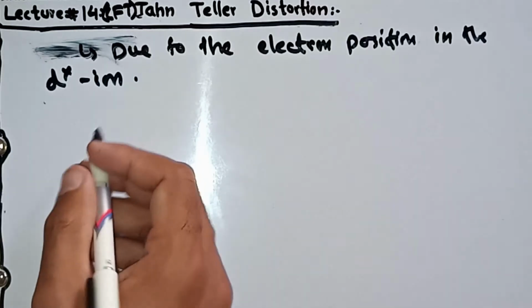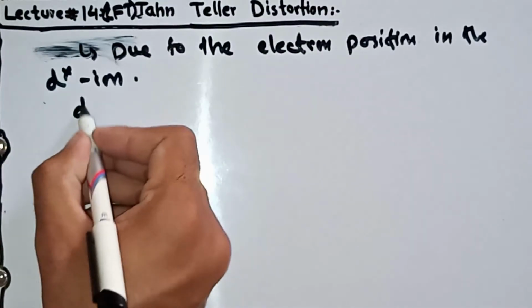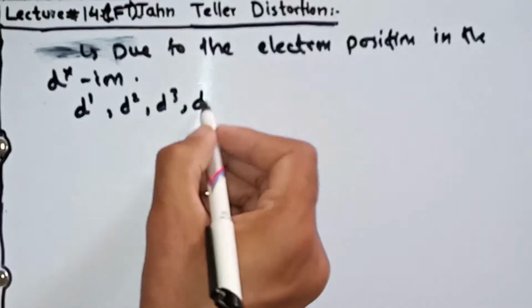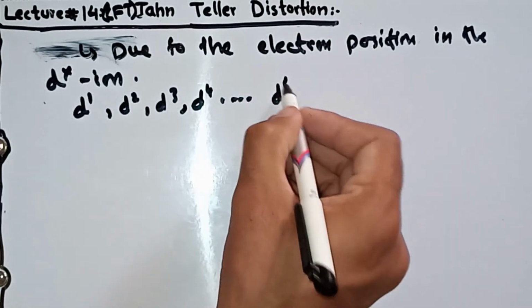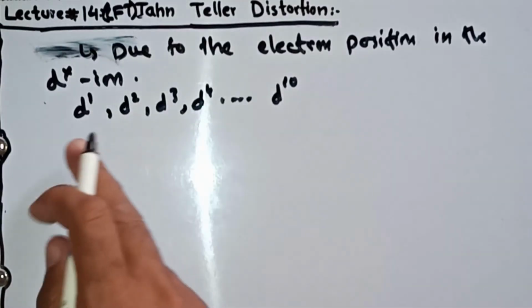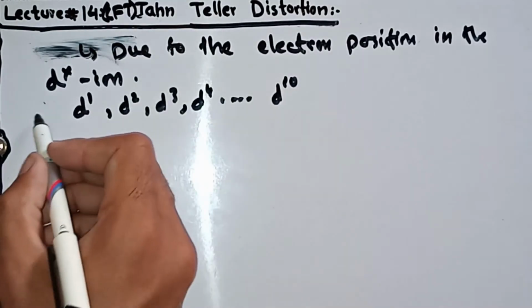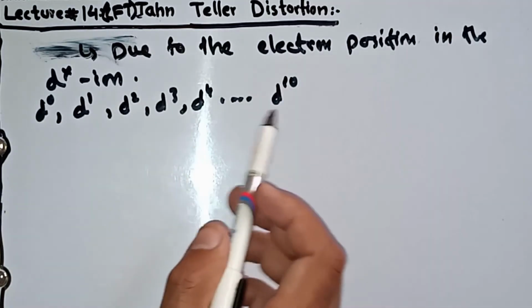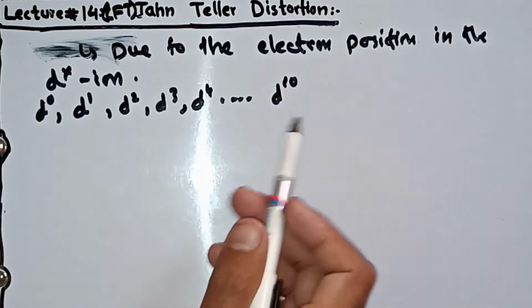There are many cases: d1, d2, d3, d4, and so on, up to d10, and also the d0 case.